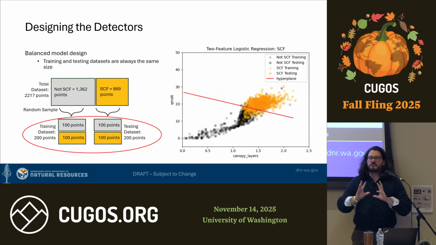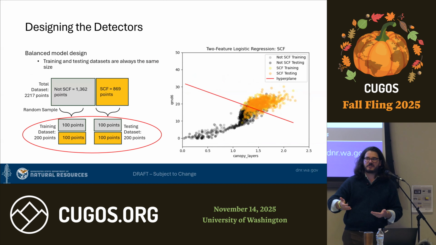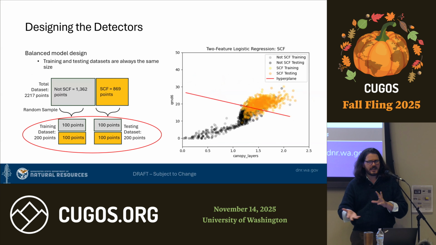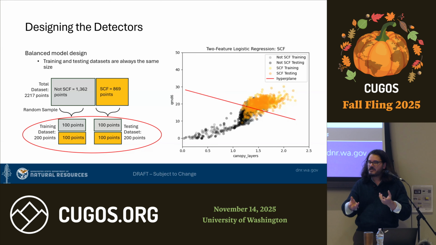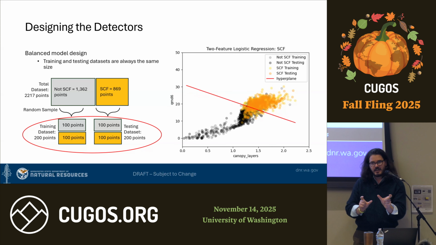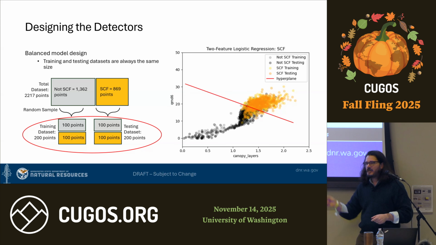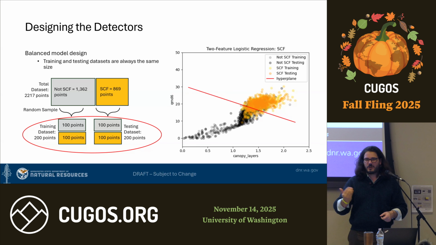If you had an unbiased data set, you could say, I have this many points that are structurally complex, and that's maybe my answer. You could use that proportion to influence the thresholds, and you could split up your training and testing data set into that same proportion. We can't do that, so we have to ask a different question.